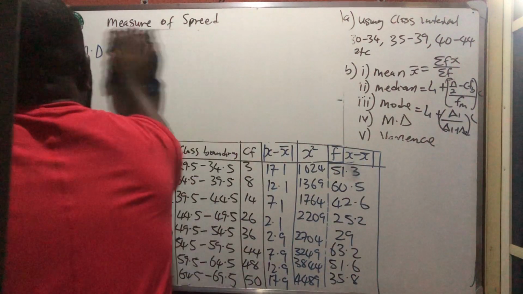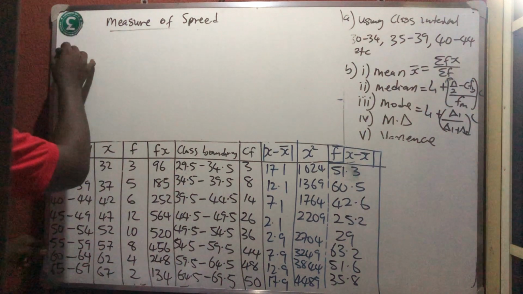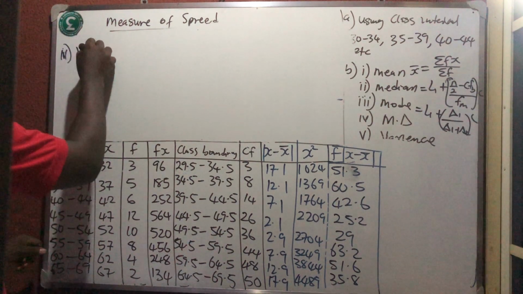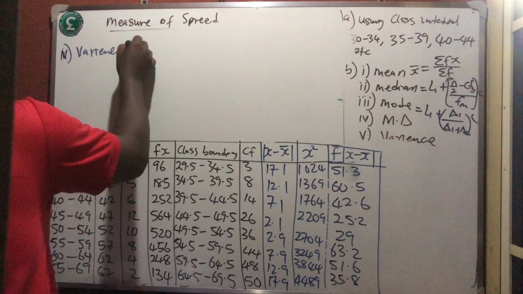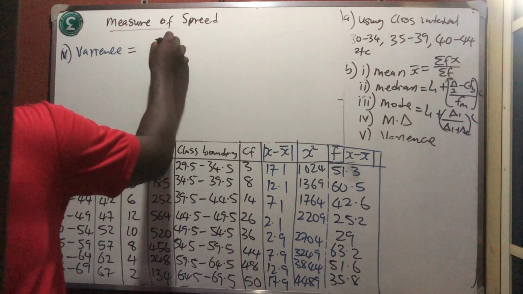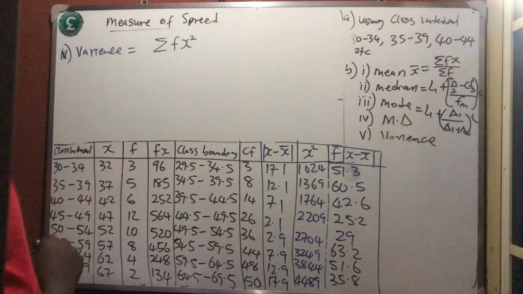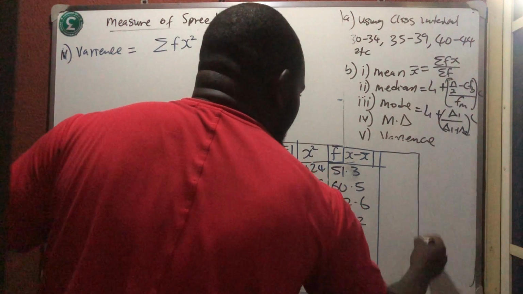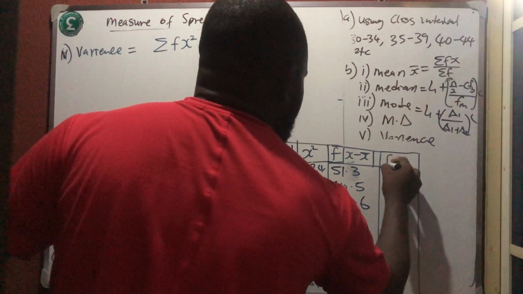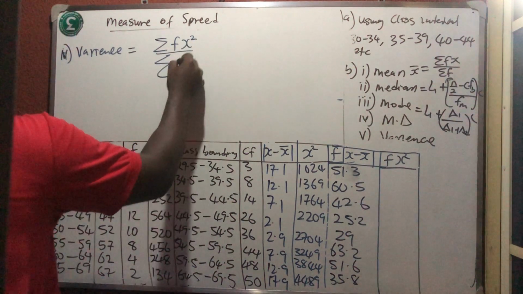So the next thing we need to calculate is the variance. So once we get the variance, we have gotten the standard deviation. IV, the variance. Now, don't forget that variance is simple. It's simply the summation of f times x squared. So we did not get f times x squared. You see, the formula is helping us to know what we are supposed to get. So we need to get f times x squared all over summation f.